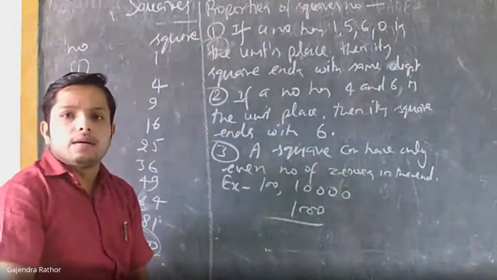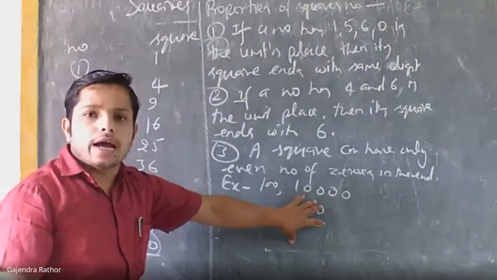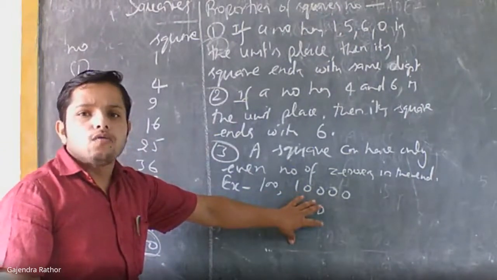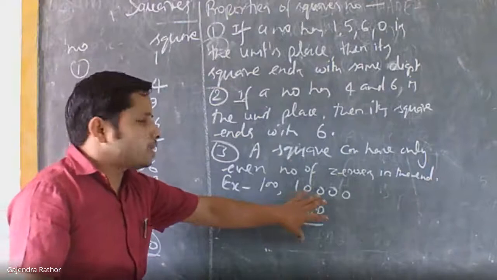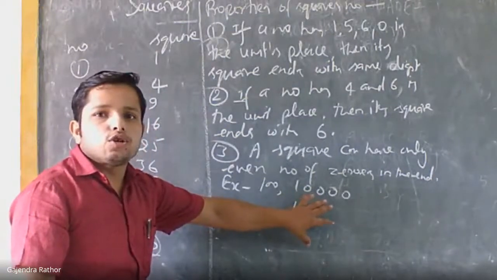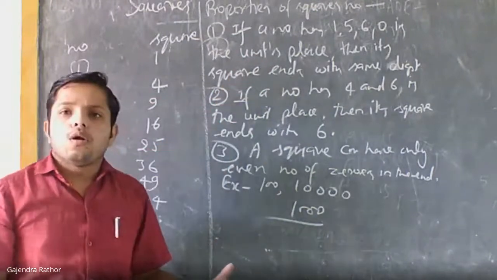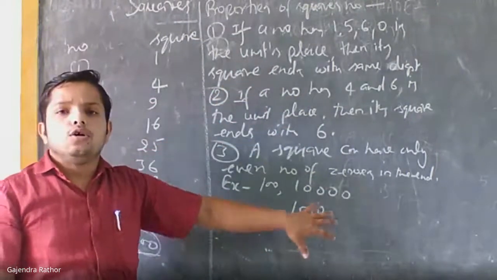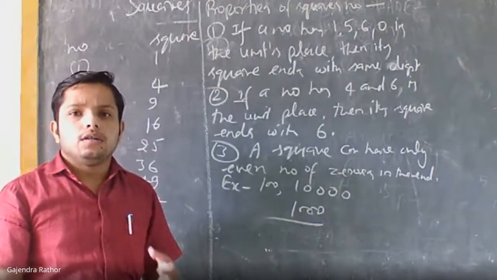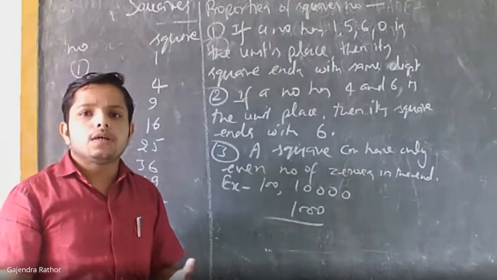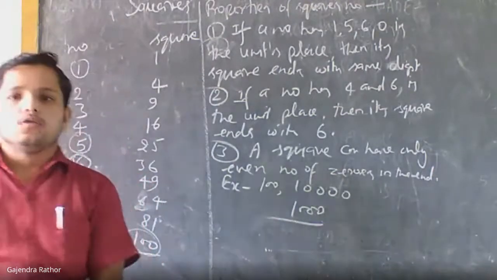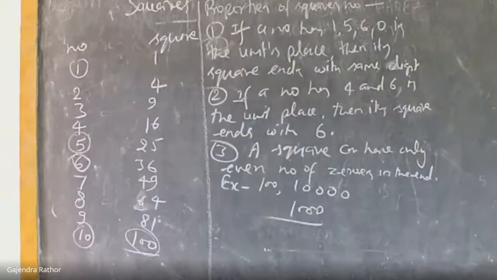In this number, the number of zeros at the end is 4. 4 is an even number, so that's why this is a square number. These properties will be very useful to identify whether numbers are square numbers or not.